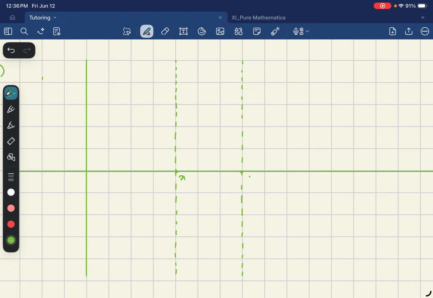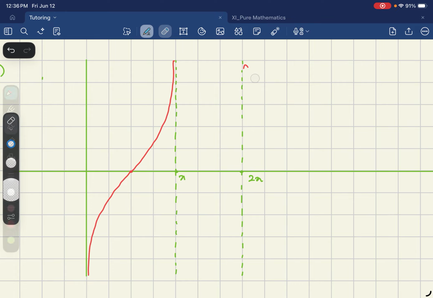So this is pi, this is 2 pi, and in the midpoint of your graph, you're going to have 0. So your graph looks something like this. Very simple. Sorry, so this is too small. I messed up my axes. So 4 units pi, 1, 2, 3, 4.